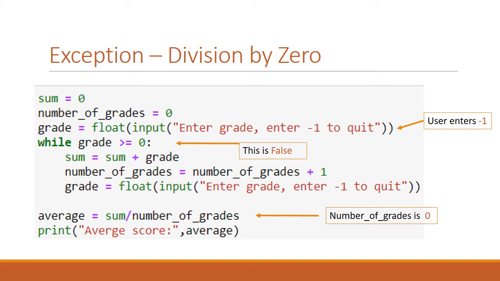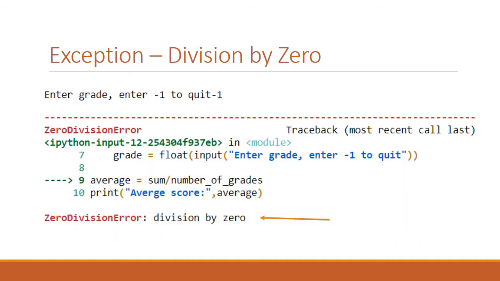The problem is the value stored in the variable number of grades is 0, so this would generate a division by 0 error. So when a division by 0 exception is generated, the Python interpreter displays an error message on the screen.